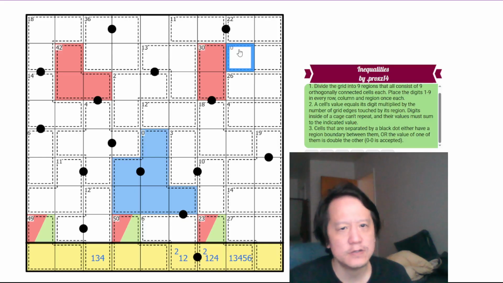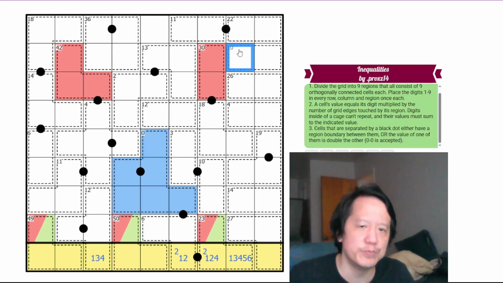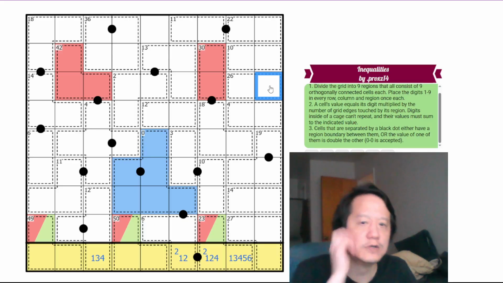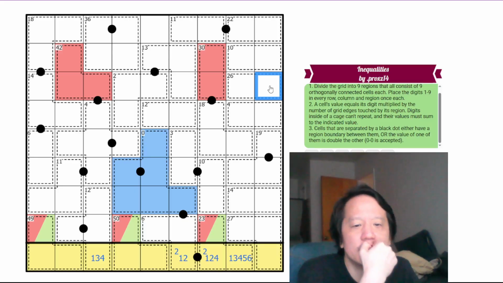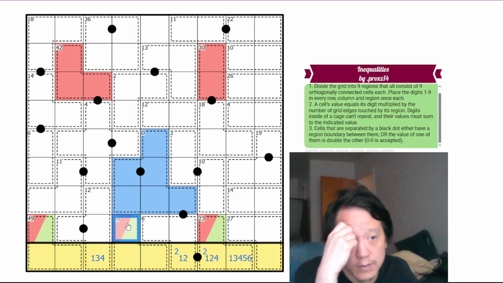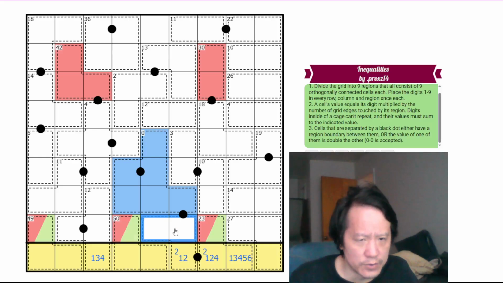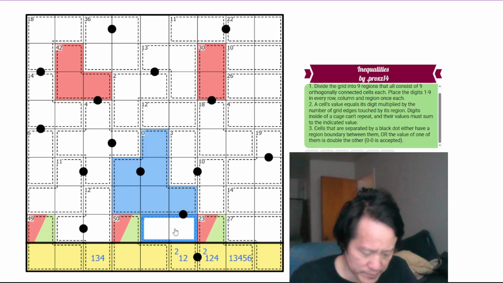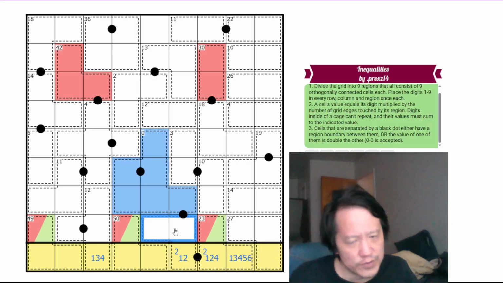27... 26. So this could be a singleton plus 2. Well, the problem is we don't know if this is touching 2 or 1. This is either 0. Can you have a double? No. If you have a double, this cannot be 2.